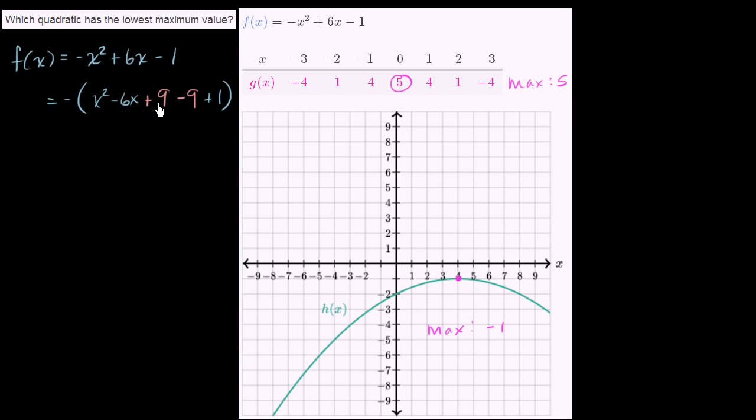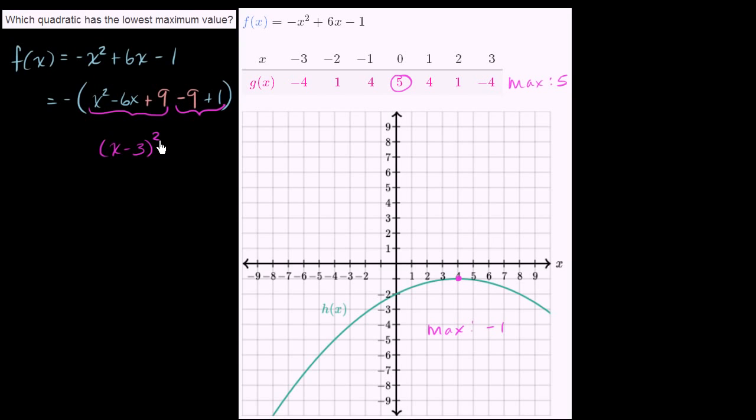And you might say, well, why are we adding and subtracting the same thing if it doesn't change the value of the expression? And the whole point is so that we can get this first part of the expression to represent a perfect square. This x squared minus 6x plus 9 is x minus 3 squared. So I can rewrite that part as x minus 3 squared. And then minus 9, or -9, plus 1 is -8.